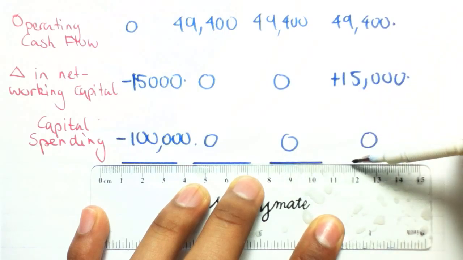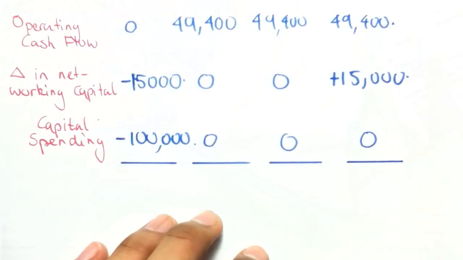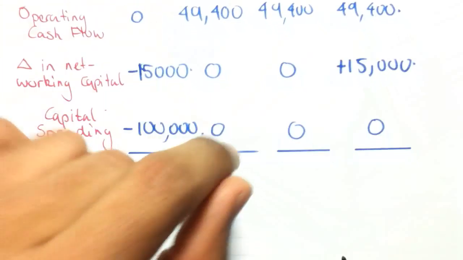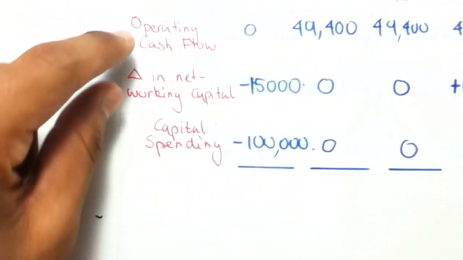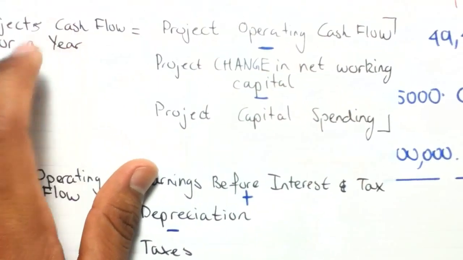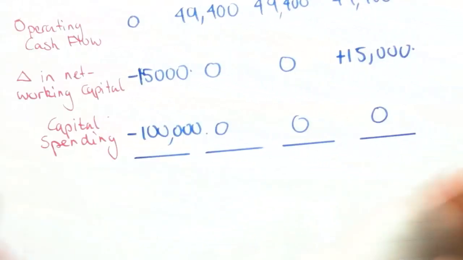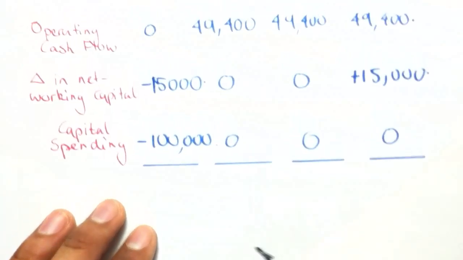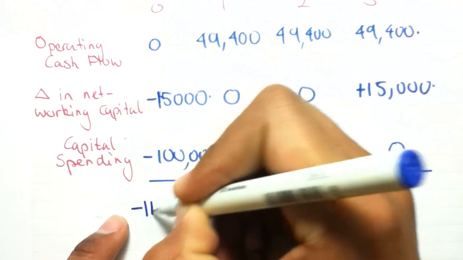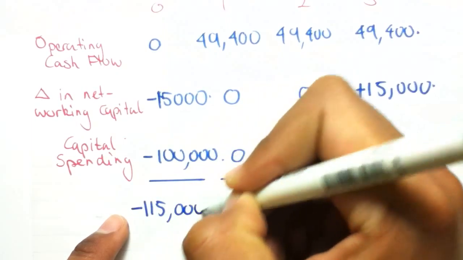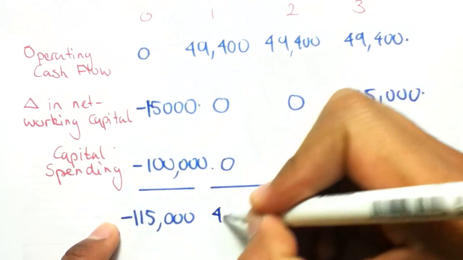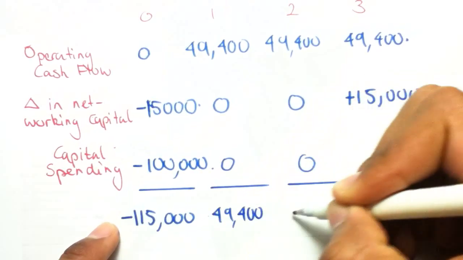And now what I can now do is calculate my cash flow for each year, because these are the 3 elements that were required to calculate the cash flow for a particular year. And so here I am, and so let's do it. The cash flow initially is going to be negative $115,000. My cash flow for the 1st and 2nd year is going to be $49,400.